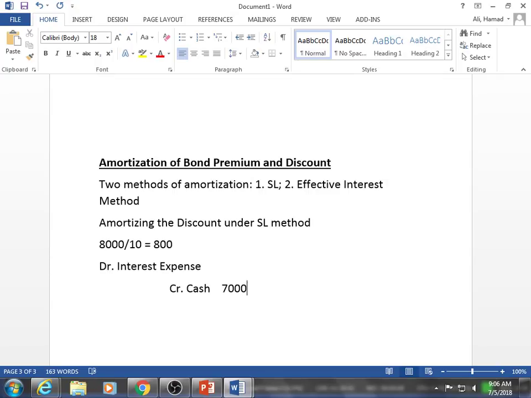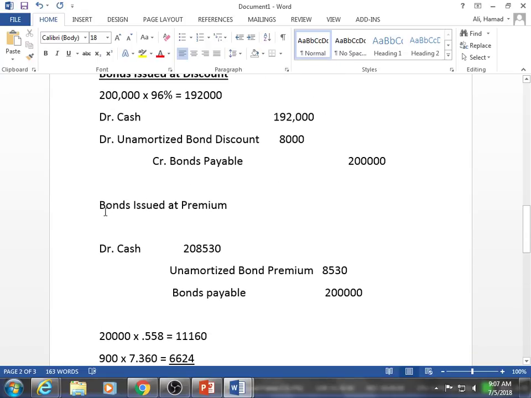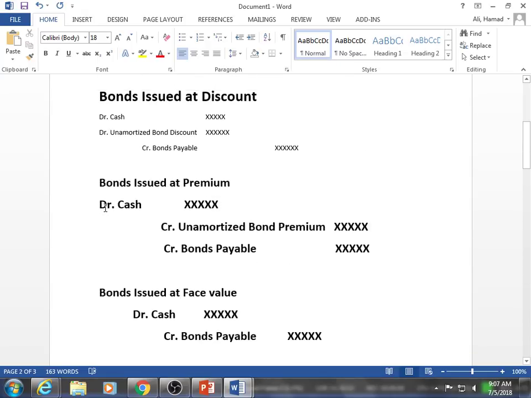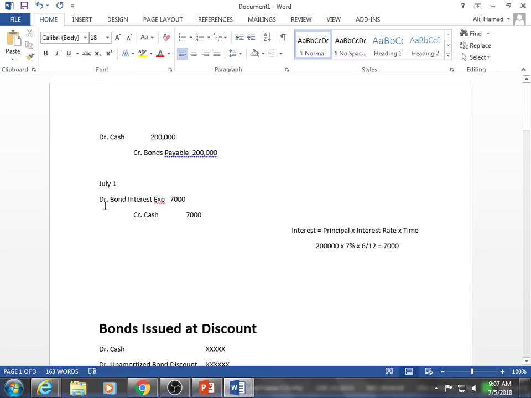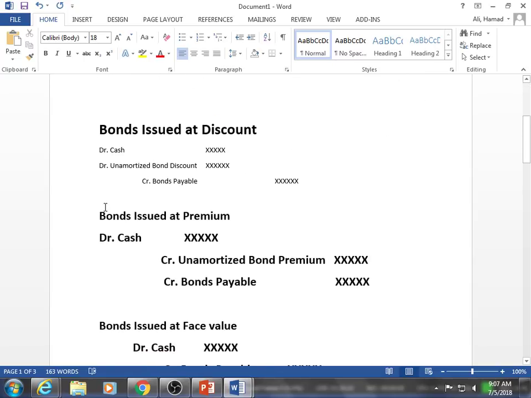Now, what is the original balance of the unamortized bond discount? When we first issued, we debited cash and we debited unamortized bond discount and we credited bonds payable. So it has a debit balance. When we amortize it, we credit it.